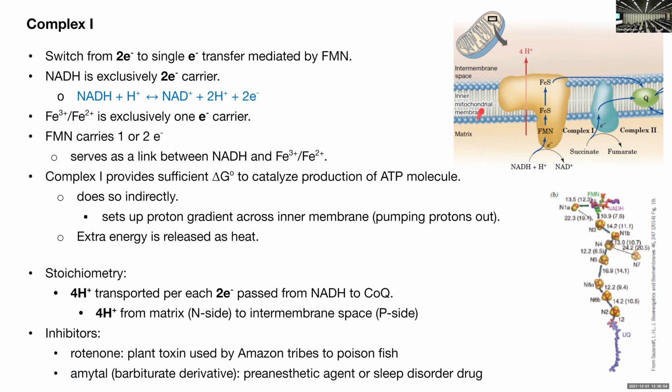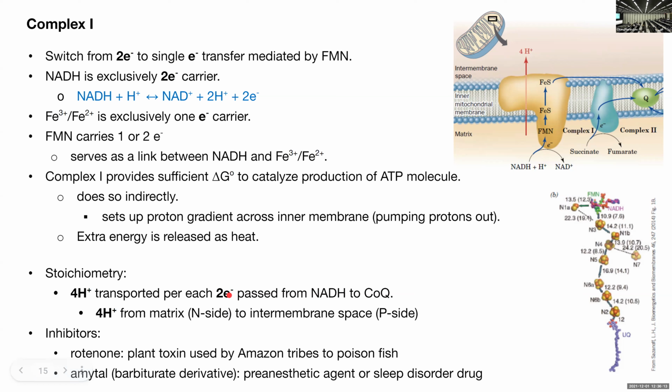When you look at the stoichiometry of how many protons are pumped out based on the feed of the electrons, there are 4 protons that are transported out of the matrix for each 2 electrons.